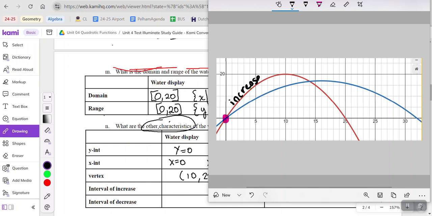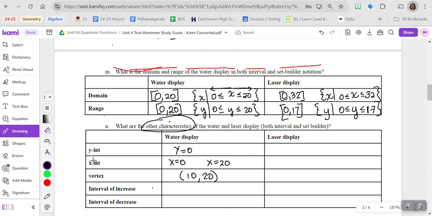And it doesn't stop increasing until it reaches here, right? So when you look, it's increasing from x equals 0 all the way to x equals 10. That's when we have the increase. So from 0 to 10, we have increase. We always use parentheses when we do intervals.